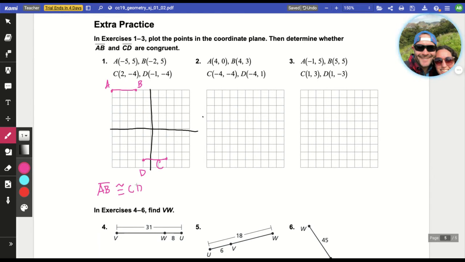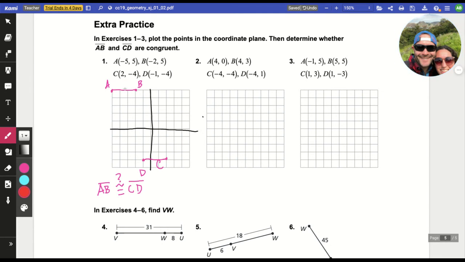So what does it mean if they're congruent? That means that they have to have the same length. So this is our question. I want to know, are they congruent? Well, what's the length of AB according to what we drew here?